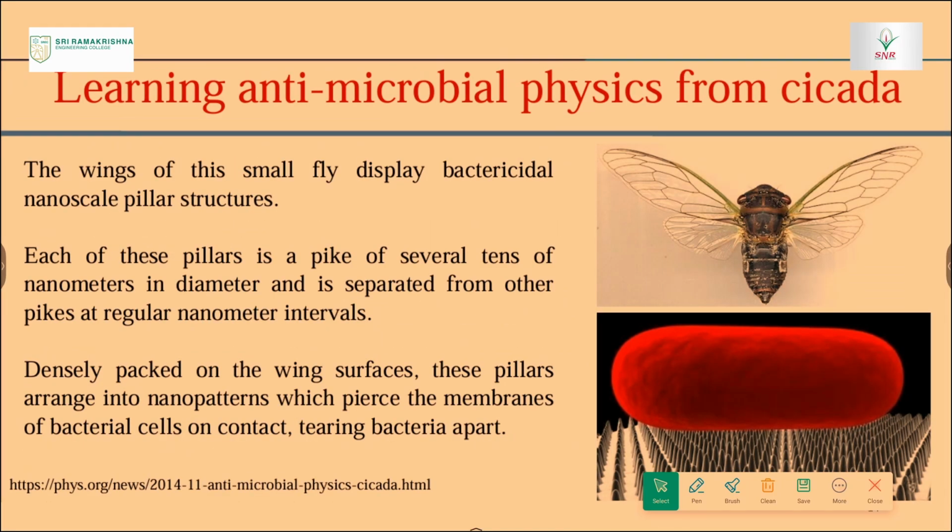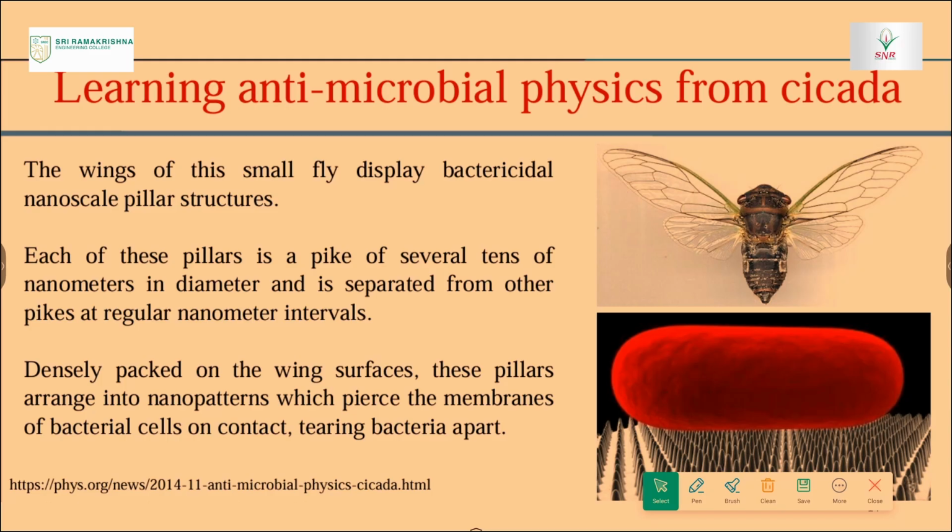And antimicrobial physics from the cicada. The cicada is a small insect. The wings of this small fly display bactericidal nanoscale pillar structures. Here you can see the bactericidal nanoscale pillar structures. It is also used like a spider web. It can make insects get stuck there.